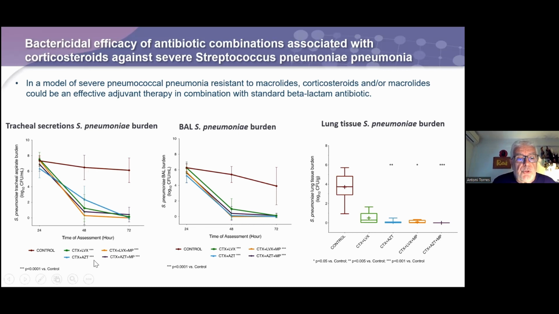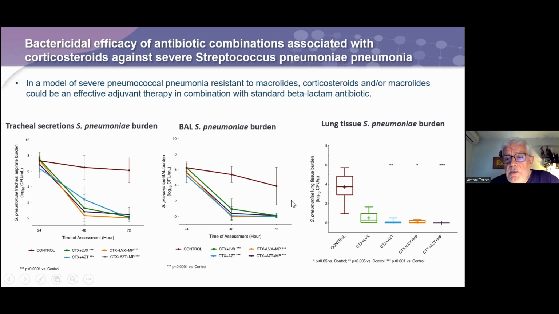We compared controls with animals treated with ceftriaxone plus levofloxacin, or ceftriaxone plus azithromycin, or ceftriaxone plus levofloxacin plus methylprednisolone, or ceftriaxone plus azithromycin plus methylprednisolone, 0.5 milligrams per kilo of the animal. The experiments took a total of 72 hours mechanically ventilated.